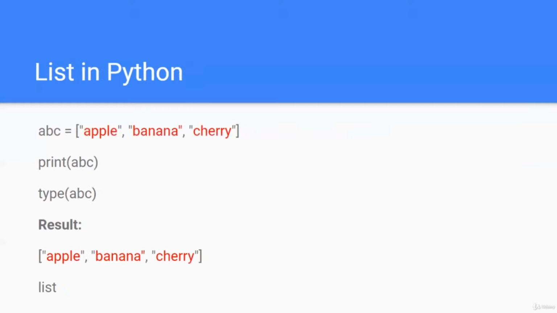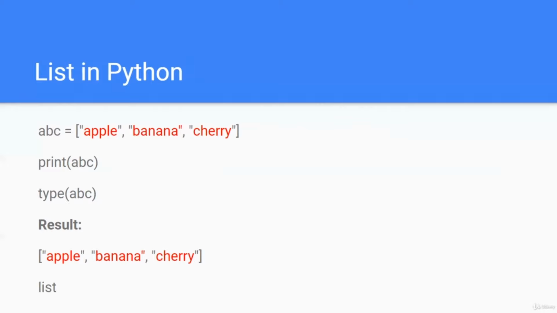So let us try to understand list with the help of an example. Here we have created a variable ABC equals to, in square brackets, three elements of string type: apple, banana, and cherry. All these three are string data types, but no doubt it can store string, float, or any other type of data.